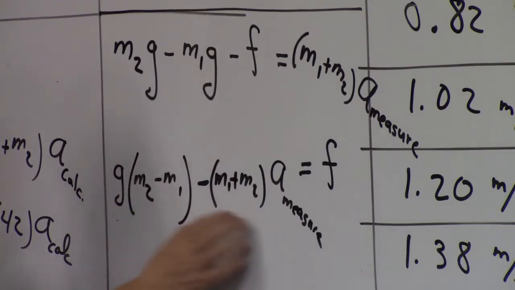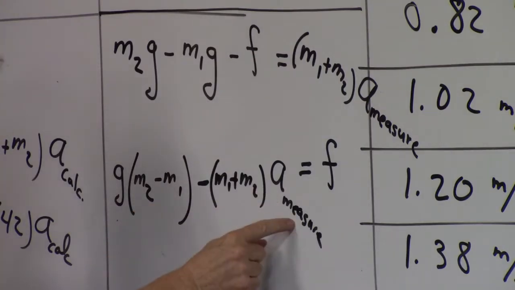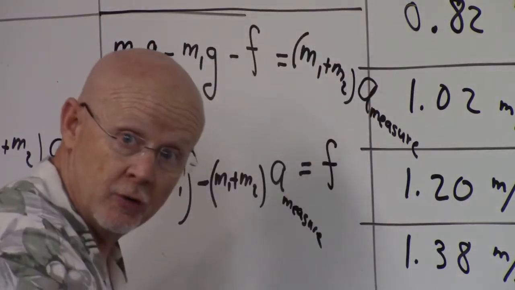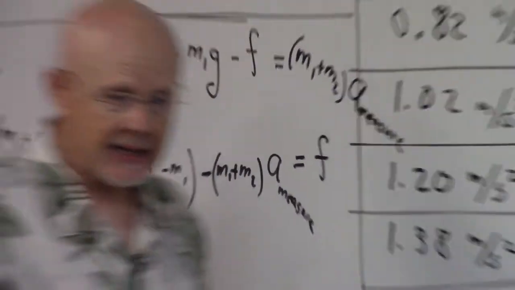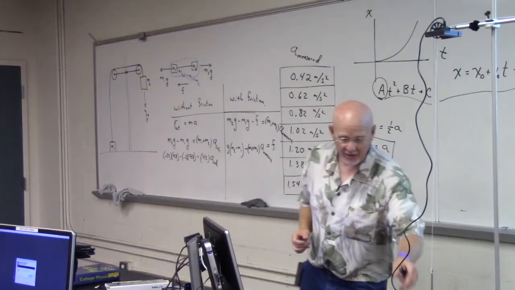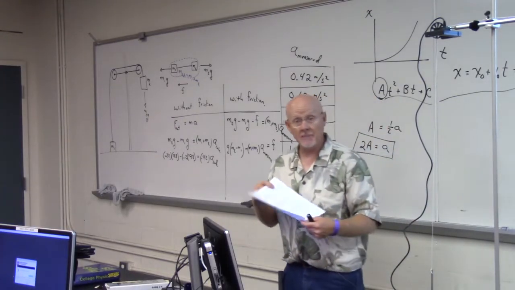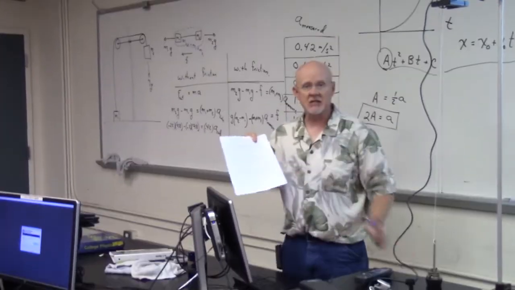So use the masses, use the acceleration that I helped you measure, and get out that calculator and calculate the friction in the pulley each of these 7 times.